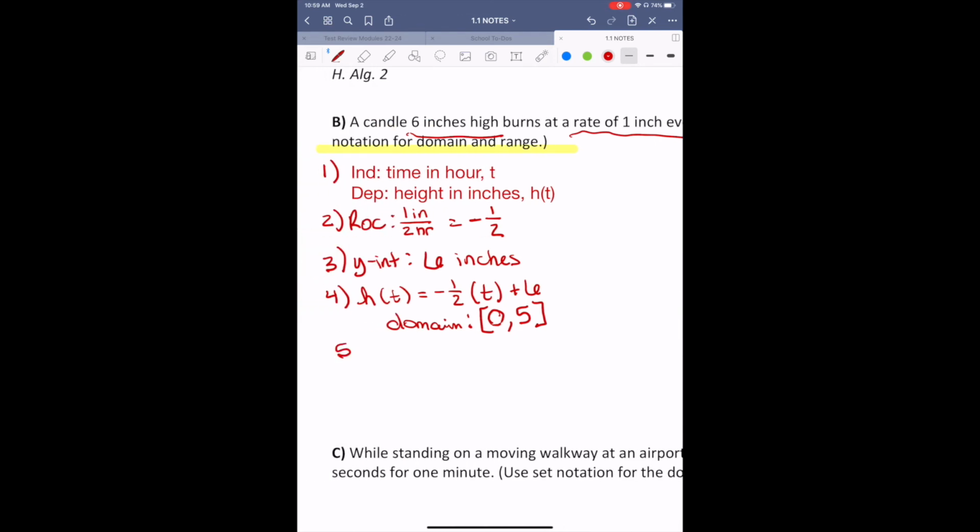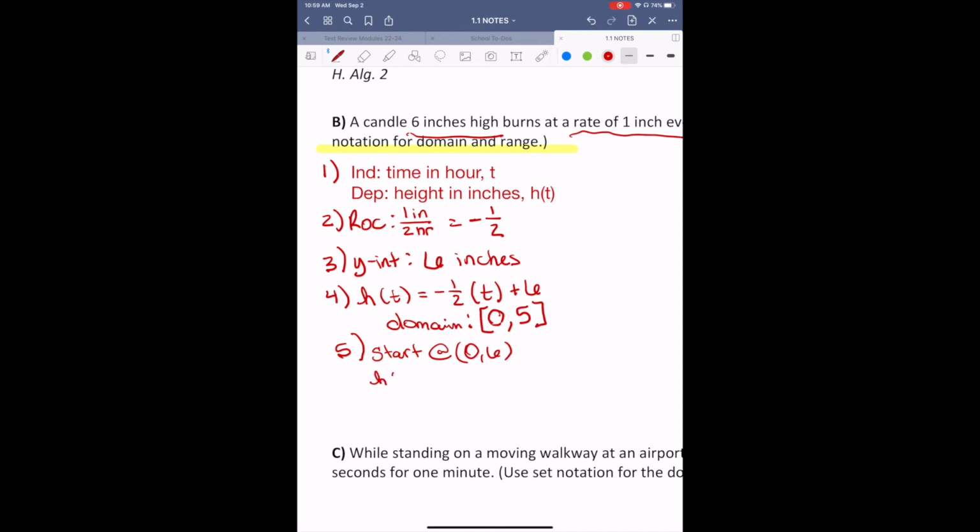Step 5 is to graph the function and identify the range. Okay. Now, we do have our starting point which would be 0, 6, right? It starts at time 0, a height of 6 inches. Where does it end?